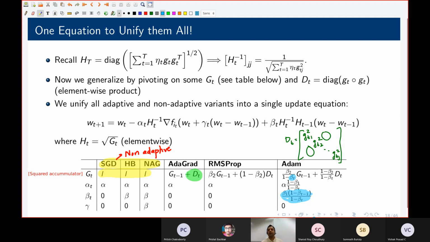It's looking at the evolution of beta across time and using that for your update on G_t. But gamma is zero in all except the NAG case.